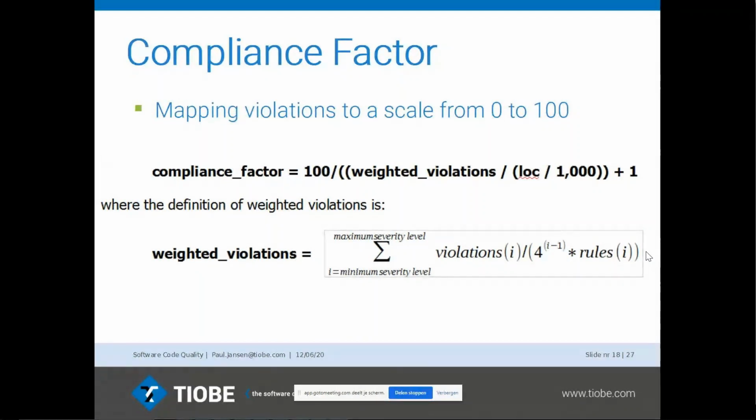I'm not going to bother you with this, but we came up with this quite complex formula to define what we call the compliance factor. So how compliant are you with regard to the compiler warnings? You also have to take into account that different compilers have different compiler warnings, and you have to qualify them all in one system. So how are you going to do that? That's also part of this very complex formula.